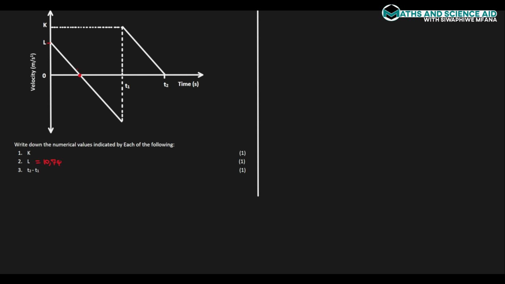And then what happened after that? After that, the direction of motion of the ball changed, and then the velocity started to increase, but in the opposite direction, which is why after reaching the maximum height, the graph is on the negative side. This is showing that yes, the velocity is increasing, but this graph was clearly drawn while taking upwards as the positive direction, which is why now as the ball is moving towards the ground, the velocity is negative.